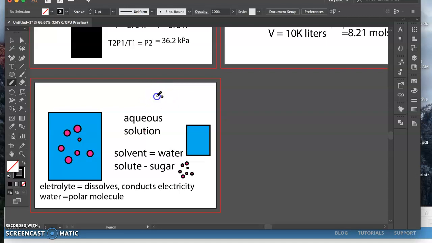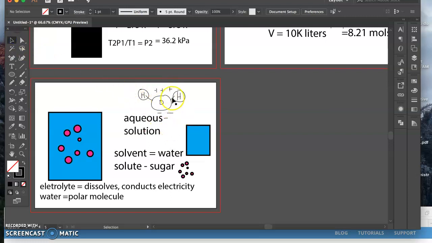So water, remember, is an O, oxygen, combined to two hydrogens, like Mickey Mouse. And because of the electronegativity of these atoms or elements, this side is going to be predominantly positive, and this side is going to be negative.